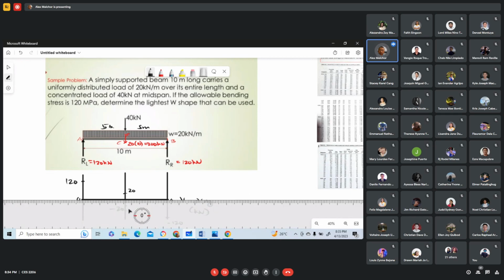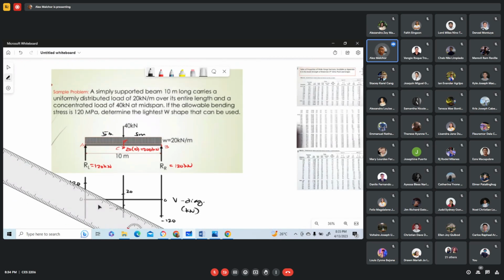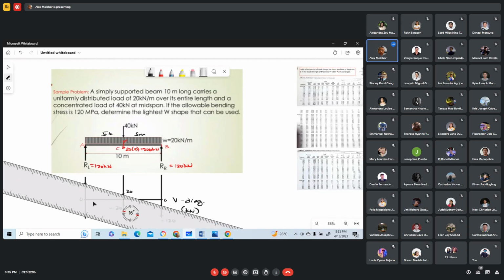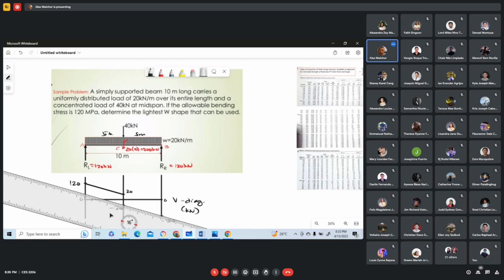So we now connect the points. You see that our shear zero is in here, right at the center.